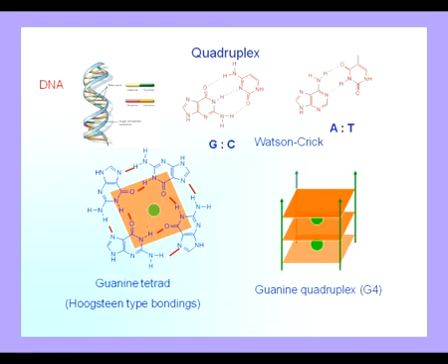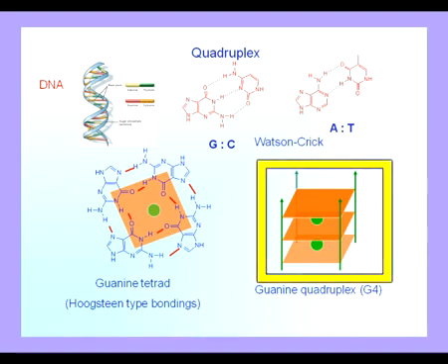They can form hydrogen bonds among themselves and create a network; you need at least four guanines together in the same plane. If four guanines come close together and there is a monovalent cation, this kind of four-handed structure can form, which is known as a quadruplex.